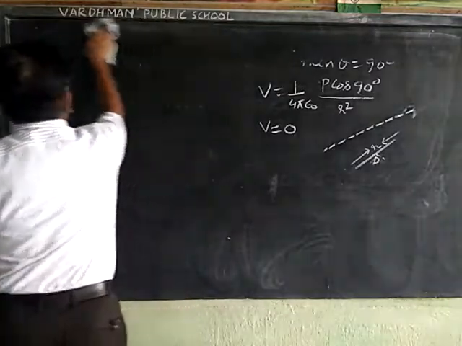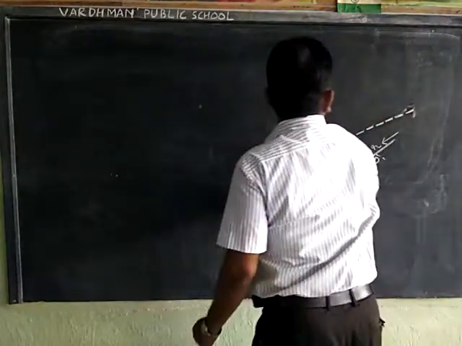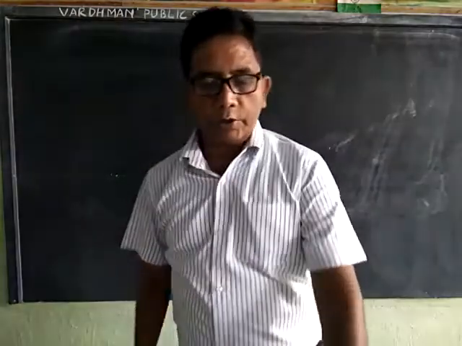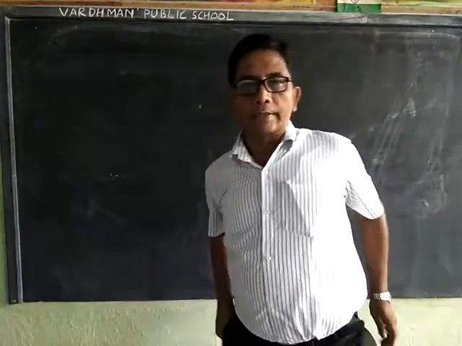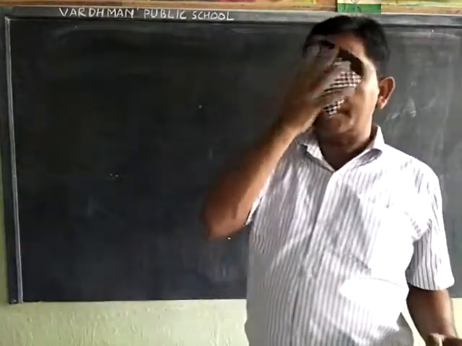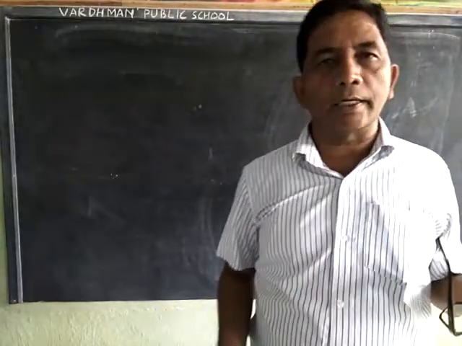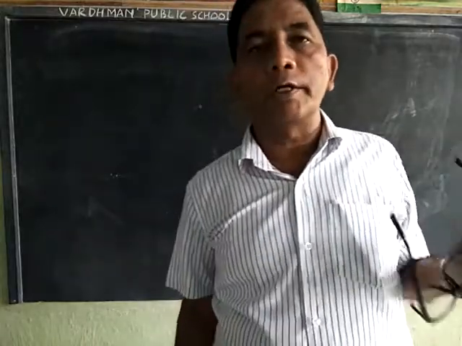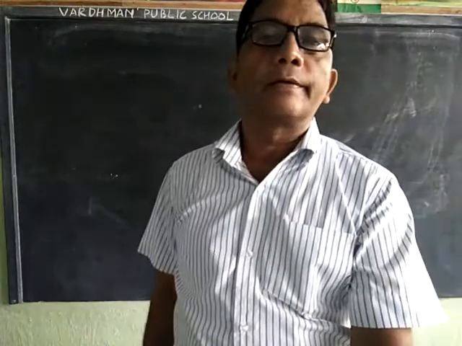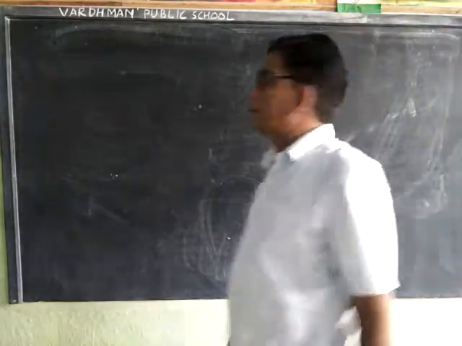The line joining the two charges is known as axial line. And what is equatorial line? A line which is perpendicular to the axial line and passing through the midpoint of an electric dipole is known as equatorial line.